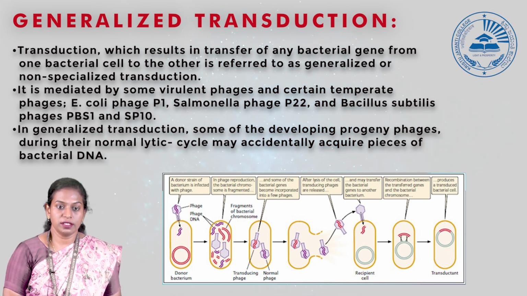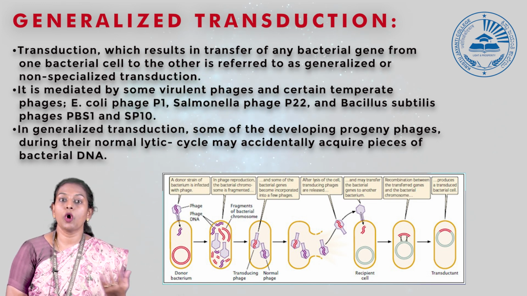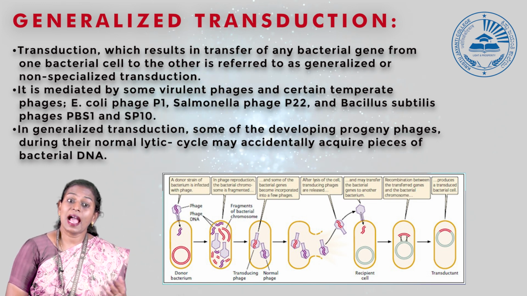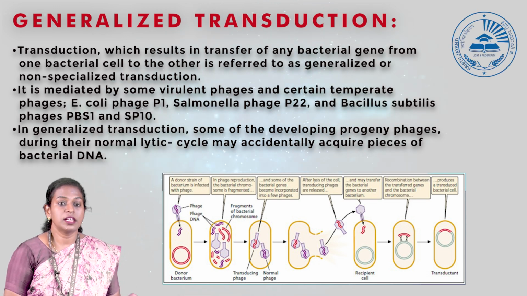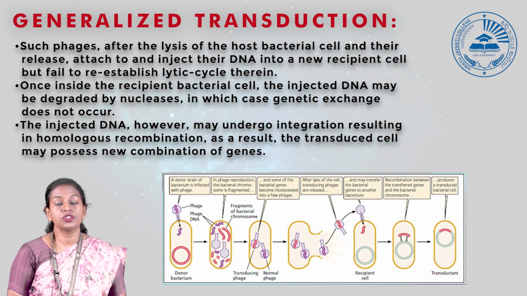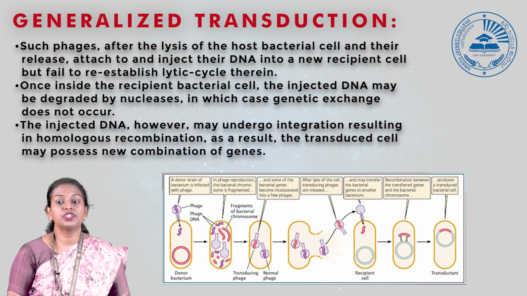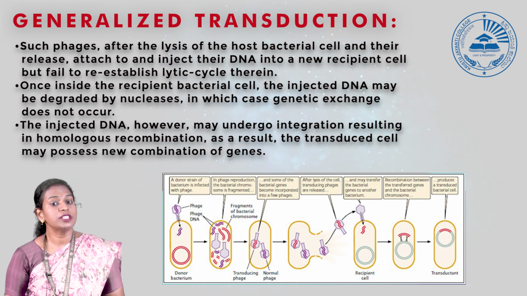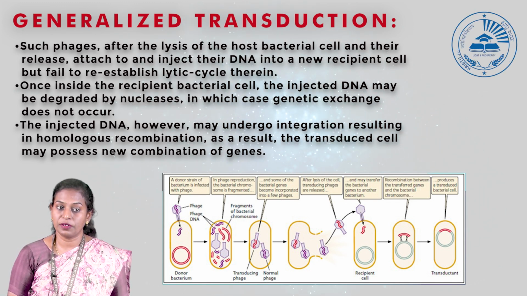In generalized transduction, some of the developing progeny phages during their normal lytic cycle may accidentally acquire a piece of the bacterial DNA. Such phages, after the lysis of the host bacterial cell and their release, attach to and inject their DNA into a new recipient cell but fail to re-establish the lytic cycle therein.